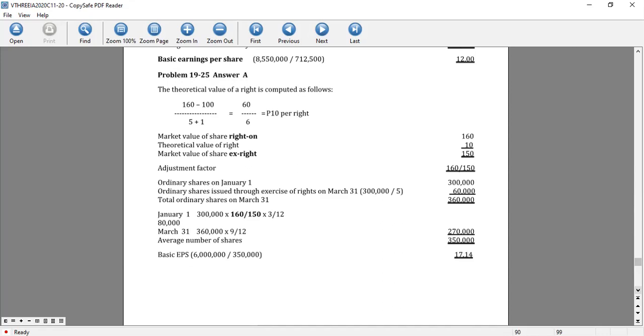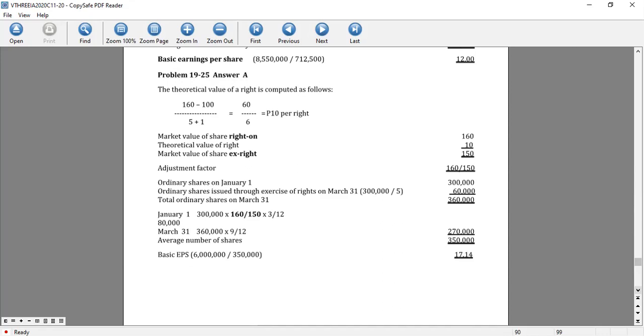So we get total of 360,000. Then on January 1, 300,000 times 160 over 150 times 3 over 12. So we have now 80,000. And on March 31, 360,000 times 9 over 12, or 270,000.